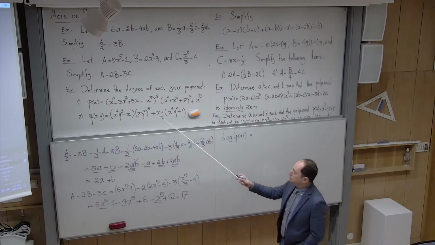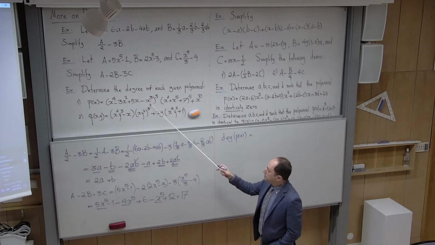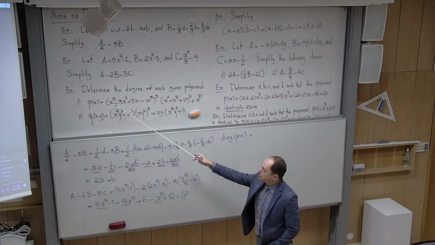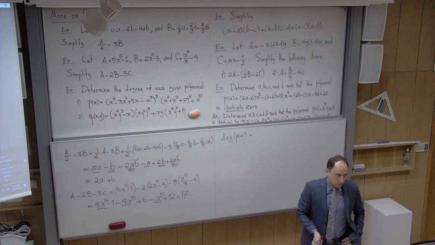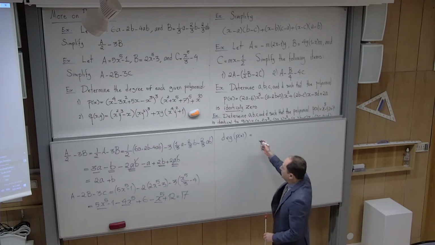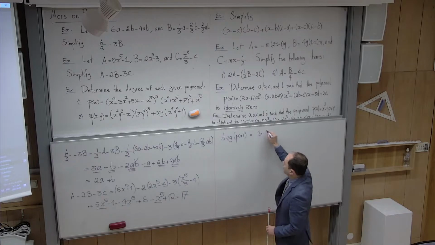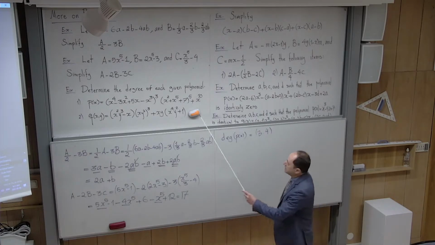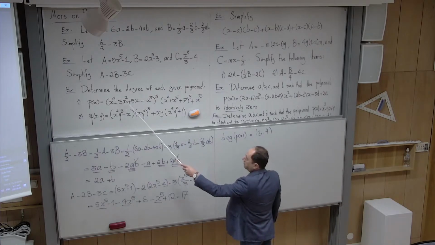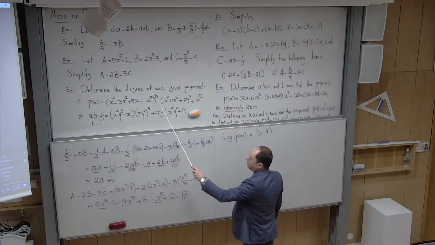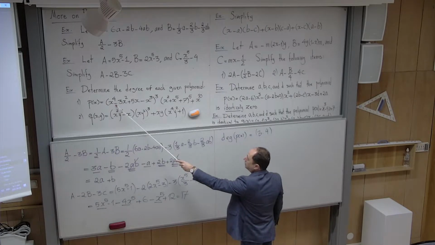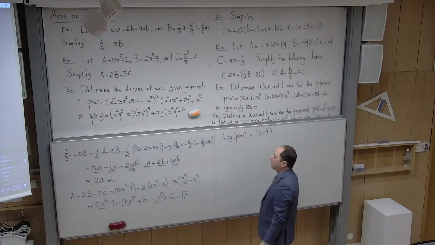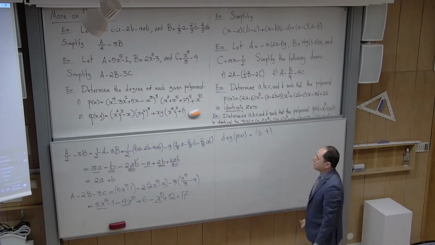So what happens here? Do you remember the rules? What is the degree of this one? The answer is 4. But what is the degree of the total combination? It's 3 times, so it's better to write it like this: 3 times 4. If you ask me what is this, I would say that, do you remember, if I have a polynomial raised to a power, if I want to find the total degree, I have to find the total degree of this polynomial and multiply it by the power, which is in this case 3.